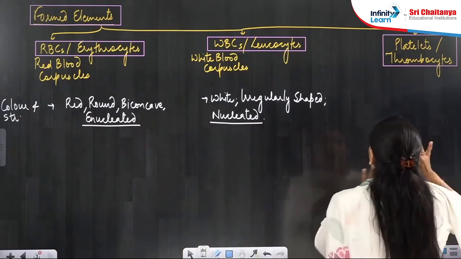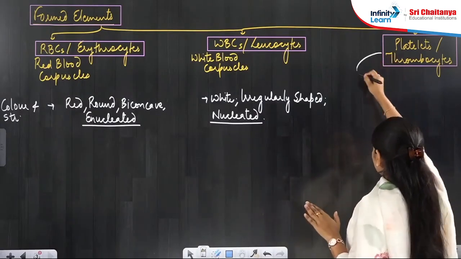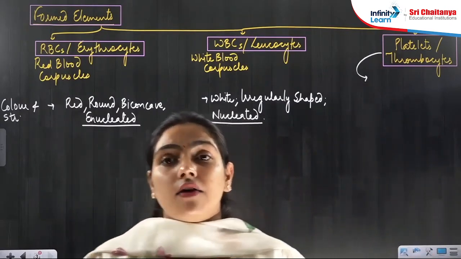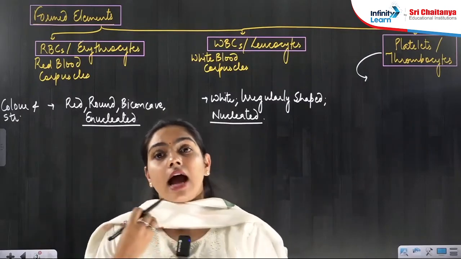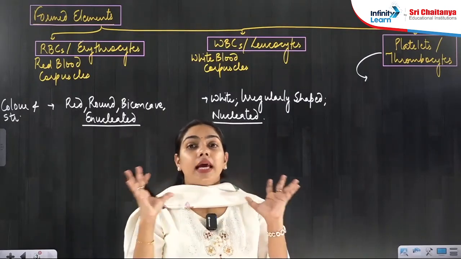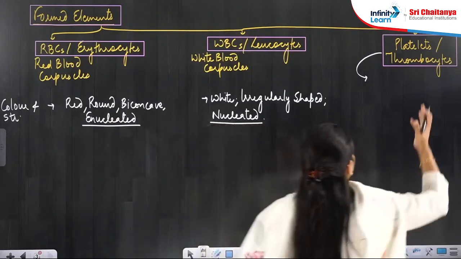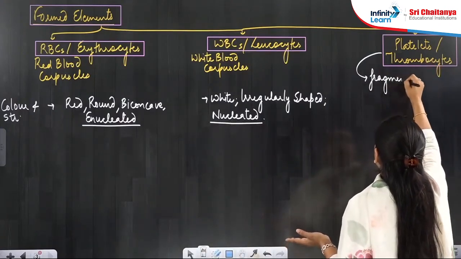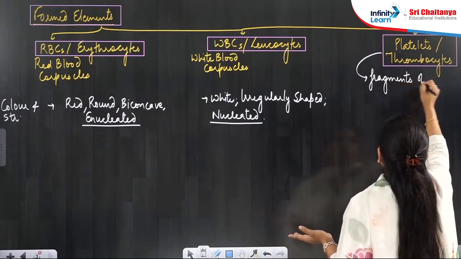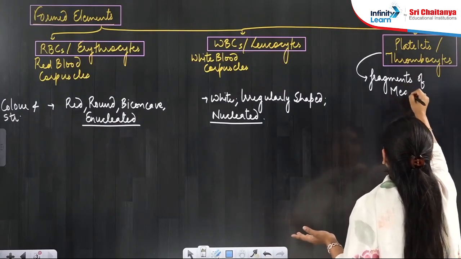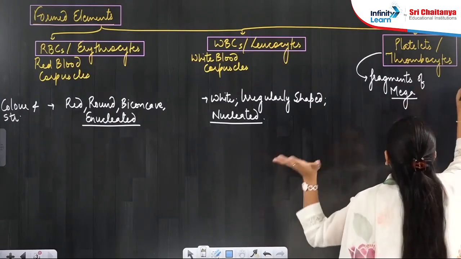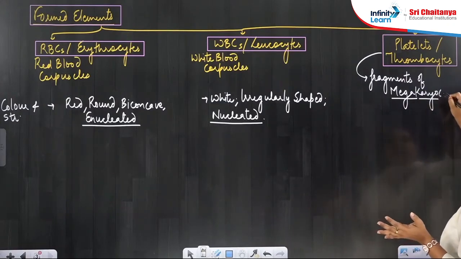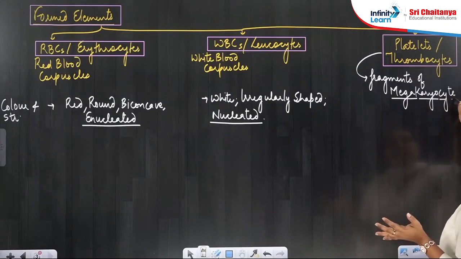Platelets, first of all, are not cells. They are fragments of a cell, and that cell is the megakaryocyte.